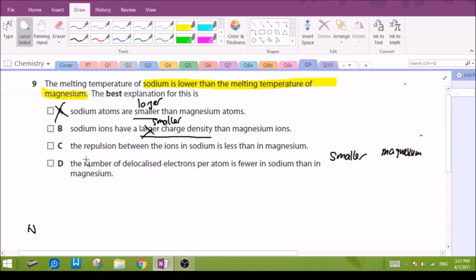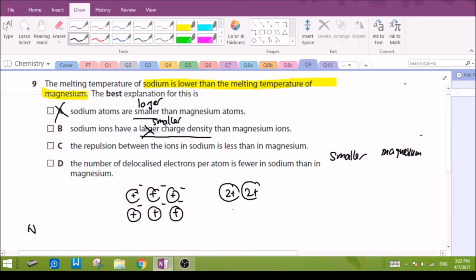Statement C, the repulsion between the ions in sodium is less than magnesium. A quick look at the metallic bonding for sodium: sodium will be positive ions held together by a sea of delocalized electrons, whereas for magnesium, the positive ions are also held by a sea of delocalized electrons.